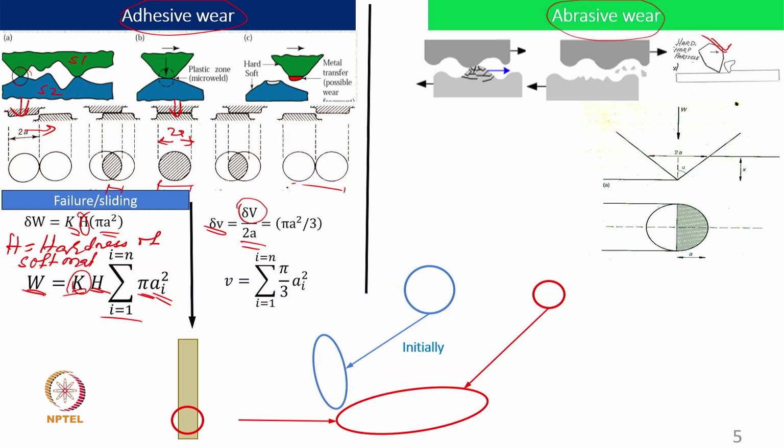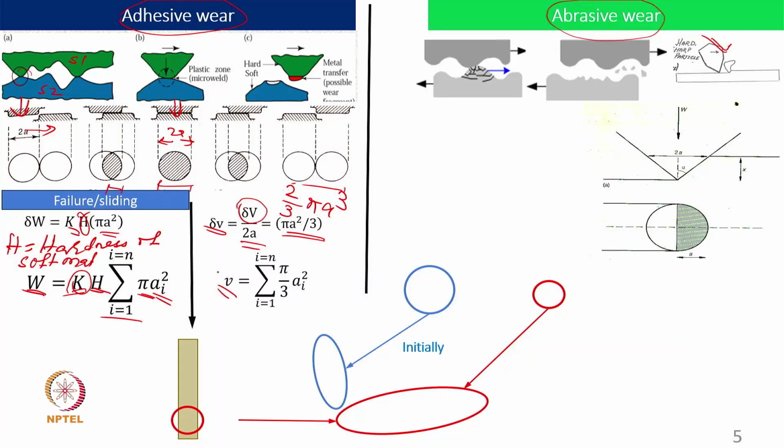We know that hemispherical asperity volume will be given by 2 by 3 pi a cube. We substitute, divide by 2a, we will get something like this, pi a square by 3. That means wear volume per unit sliding distance is given by this relation.